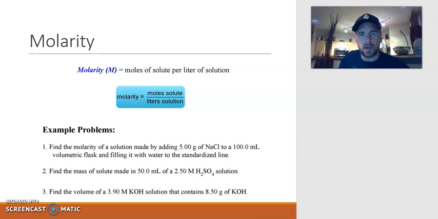So if you were reading on the bottle of, let's say, hydrochloric acid, and it reported that it was 6 molar, that capital M stands for molar, which is the same thing as molarity. Well, what does that mean? That breaks out into 6 moles of hydrochloric acid for every 1 liter of solution.